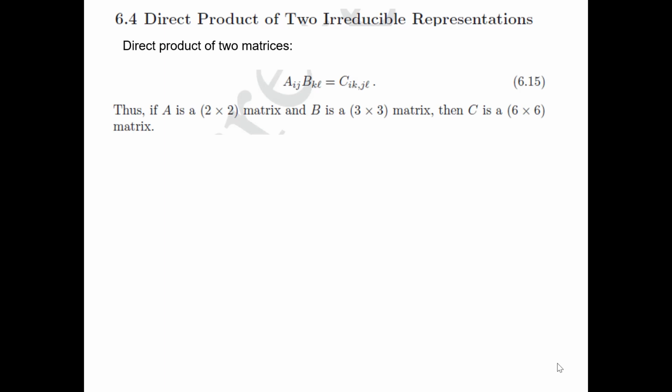So you define a certain matrix element of the product matrix C as the product, in a proper way, of the matrix elements of matrices A and B. So this represents the direct product C of two matrices A, B.